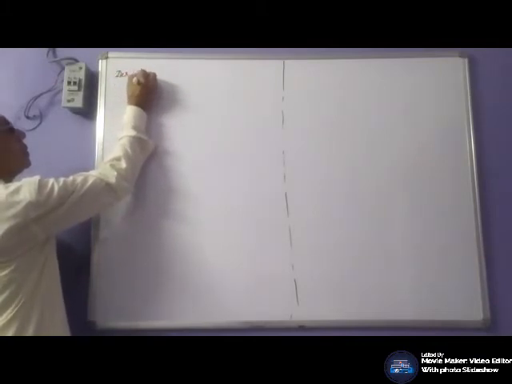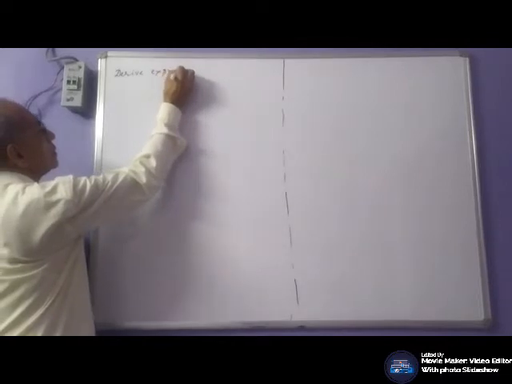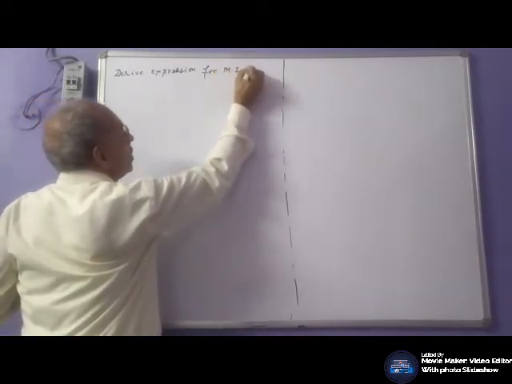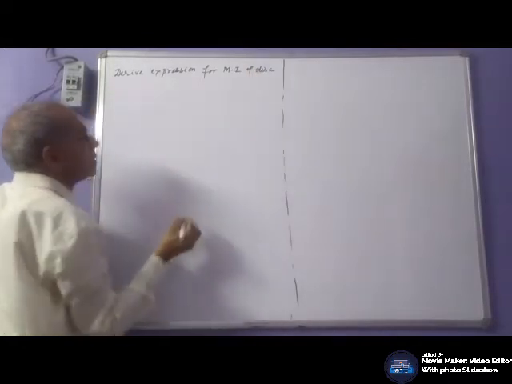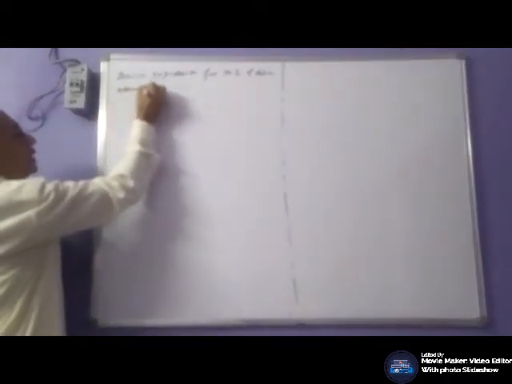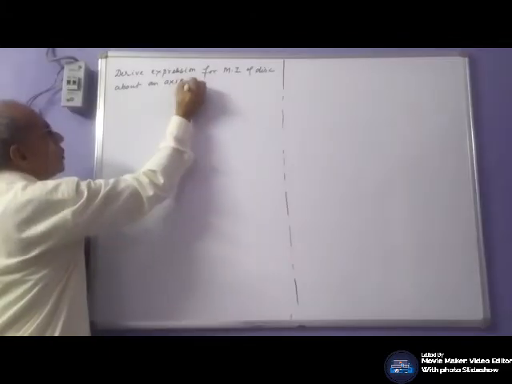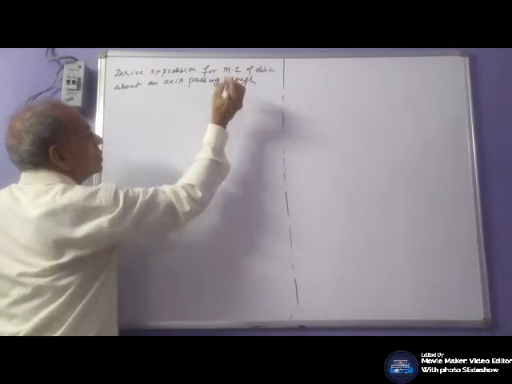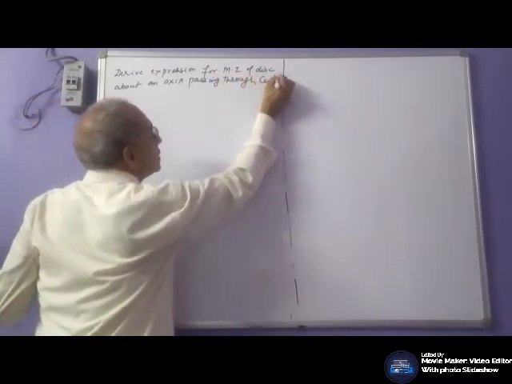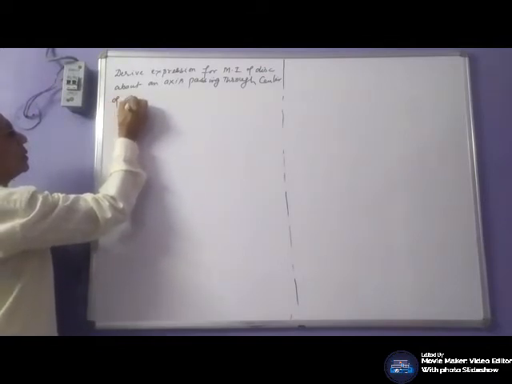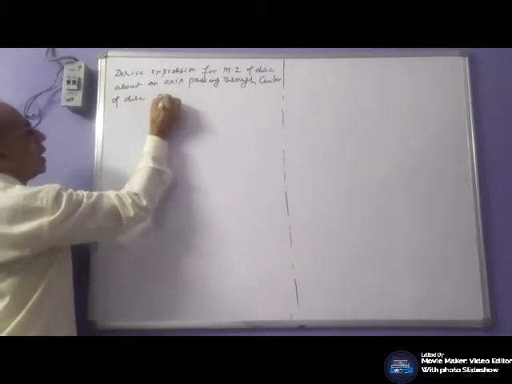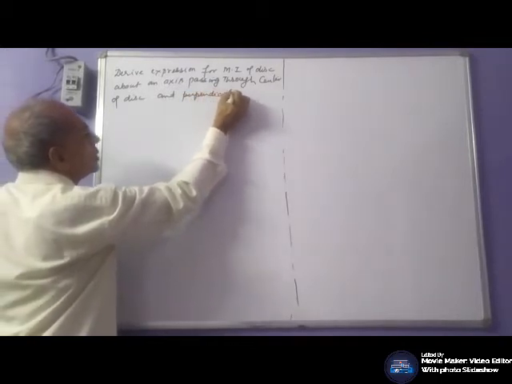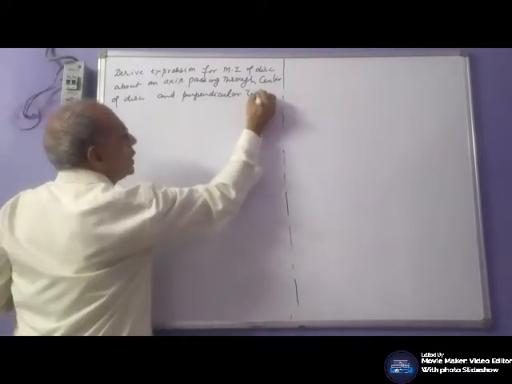Derive expression for moment of inertia of disk about an axis passing through center of disk and perpendicular to plane of disk.